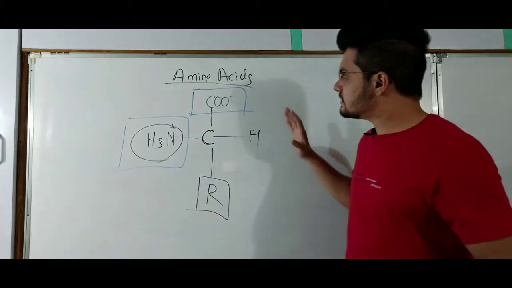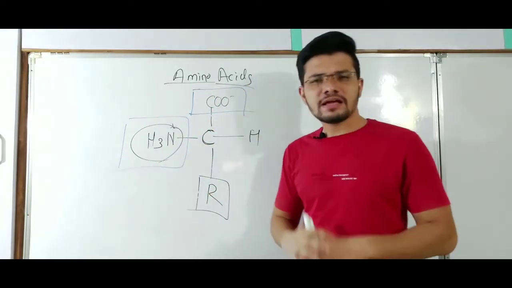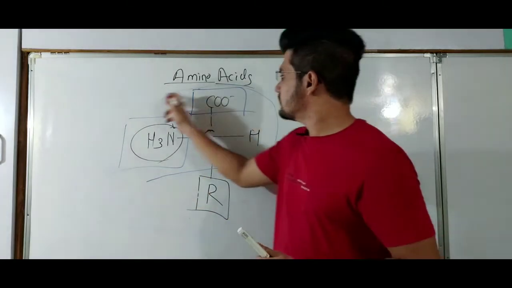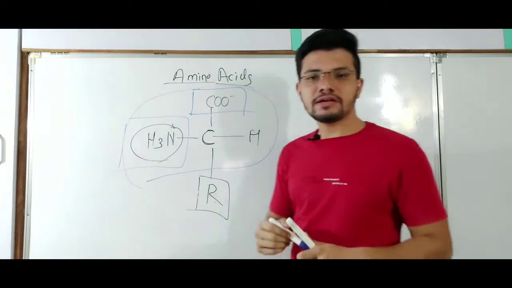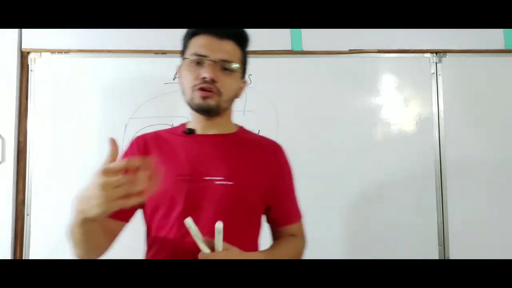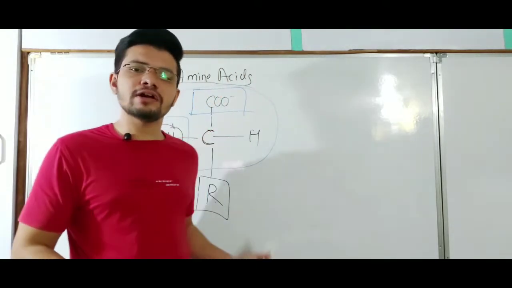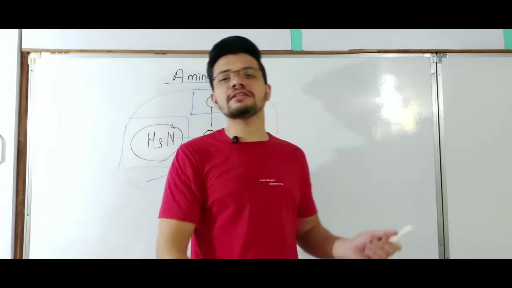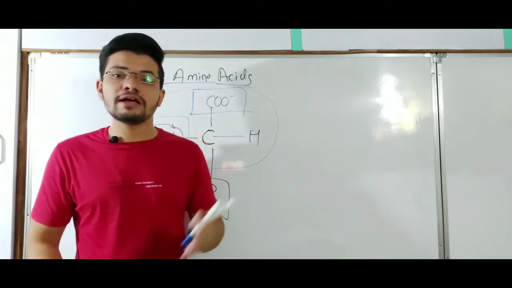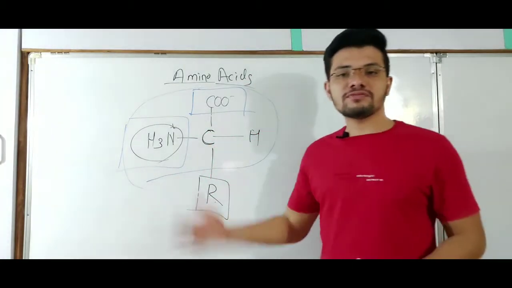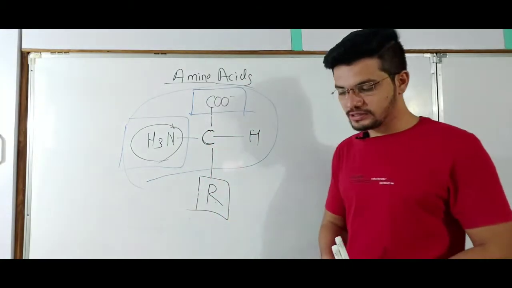So this is the generalized structure of the amino acids, and every amino acid has this skeleton common, but the R group is different. In glycine, in lysine, in tryptophan, in leucine, there will be a different R group. So this functional group is different from amino acid to amino acid.